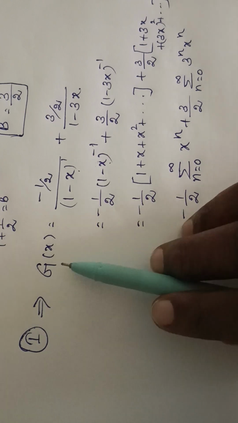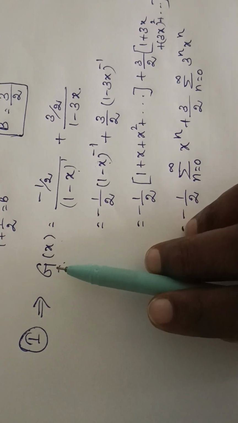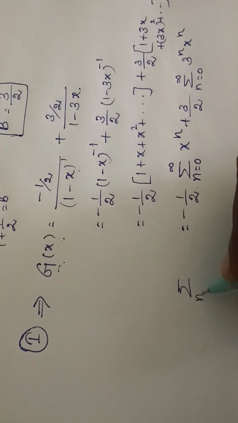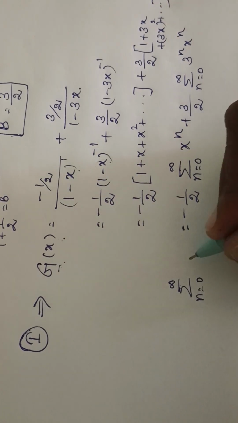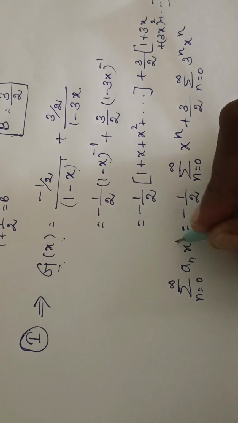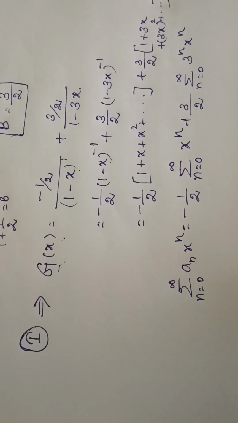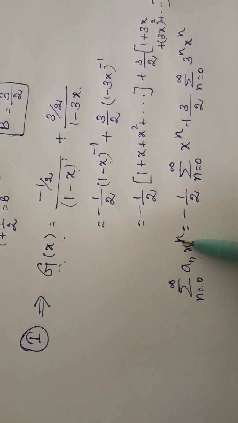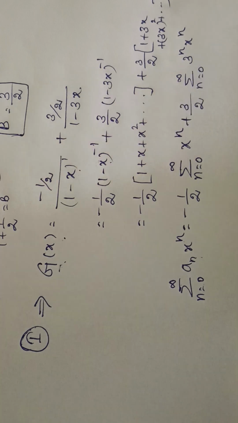So in the left hand side is g of x. What is the general form of g of x? Summation n is equal to 0 to infinity an x to the power n. Then on the right, minus 1 by 2 summation term, then 3 by 2 summation term.